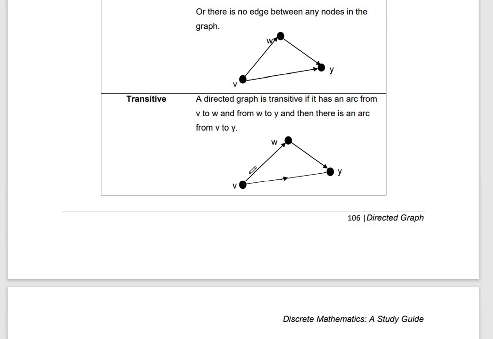Actually, dia membentuk satu segitiga lah, macam vectors actually. V to W, satu arc. W to Y, satu arc. Okay, dia start dekat V, dia akhir dekat Y. So, dia akan ada arc dekat V to Y. Yang ni akan membentuk sudut macam ni, membentuk dia punya transitivity.